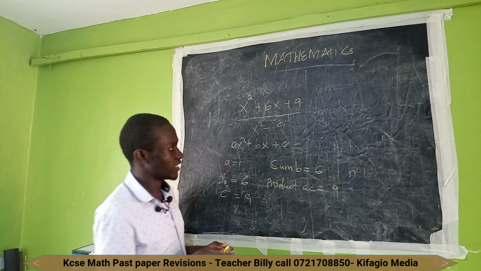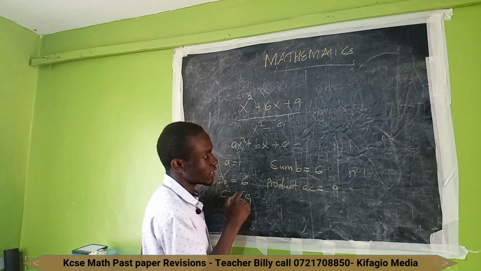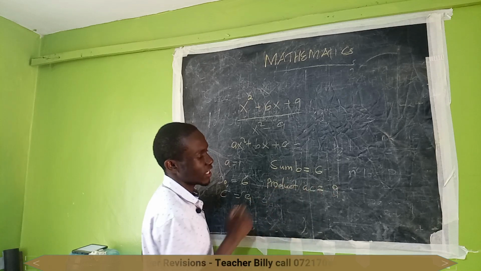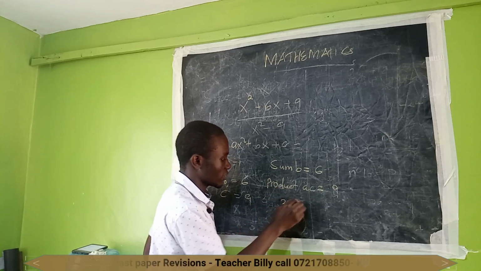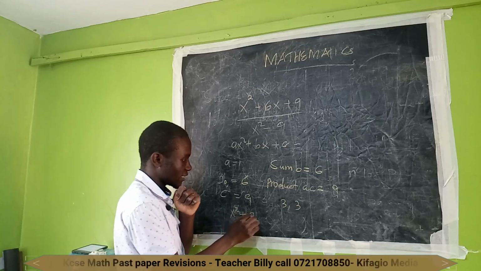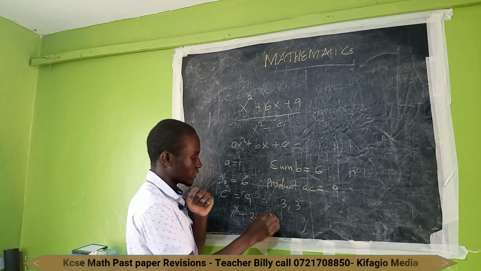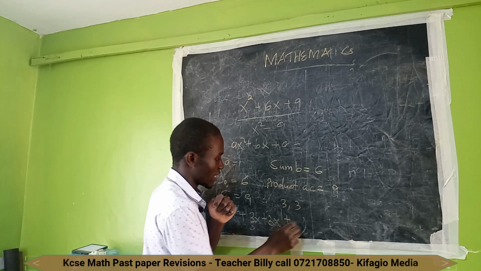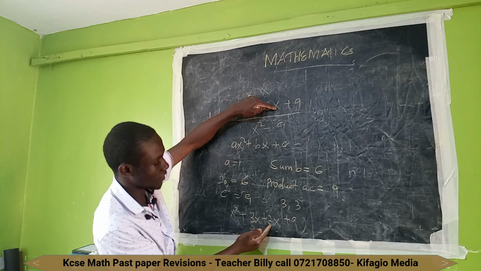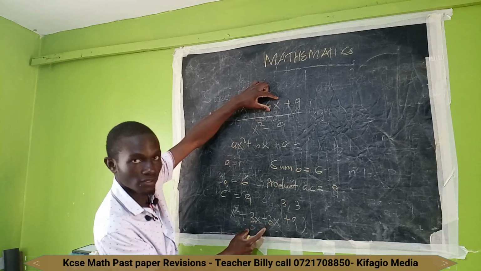Find two numbers that add up to 6 and multiply to 9. Of course, the numbers are 3 and 3. So we write x squared plus 3x plus 3x plus 9. Why are you replacing 6x with 3x plus 3x? Because 3x plus 3x is 6x.